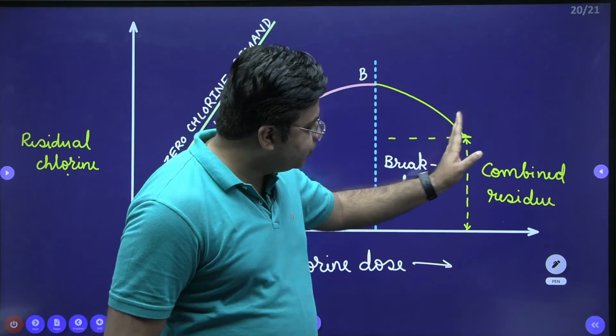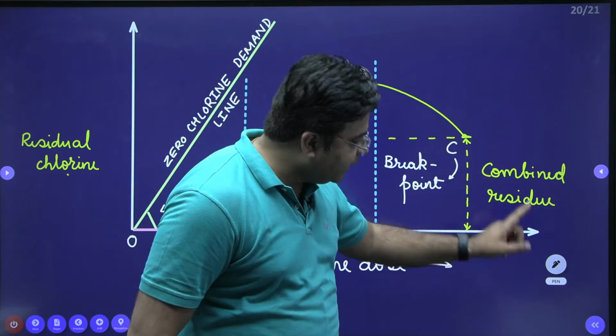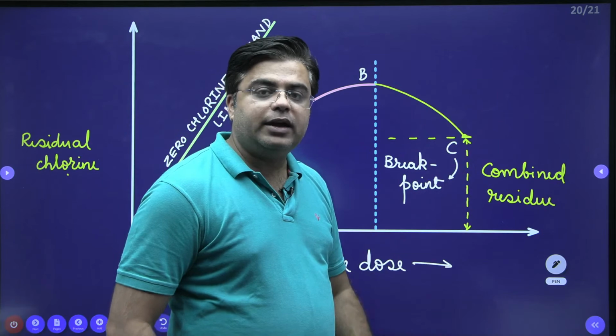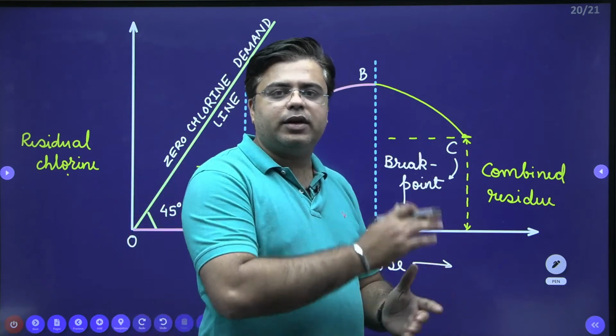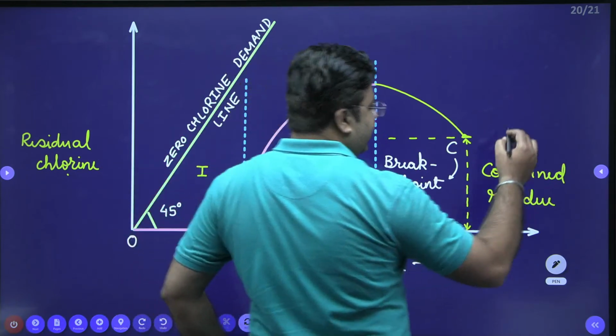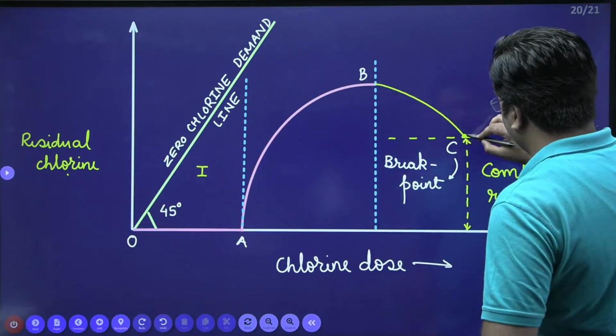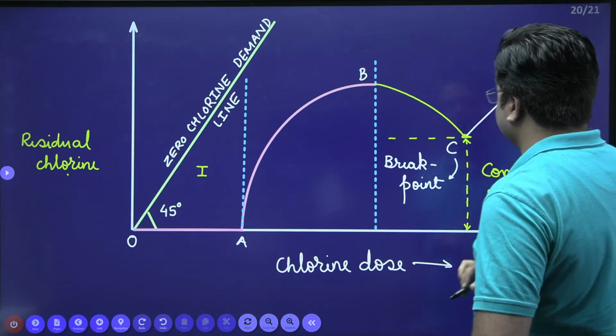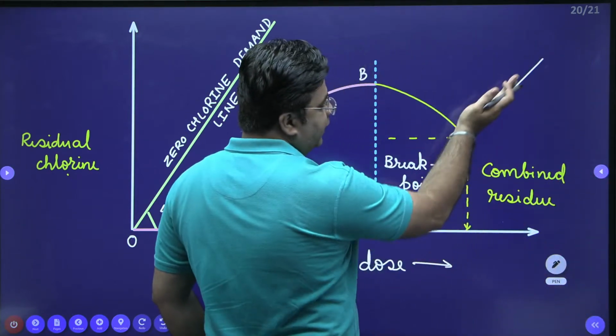And beyond this point, if you add any dose of chlorine, that dose will be directly converted into residue. Beyond this break point, you will see this kind of increase in residue.